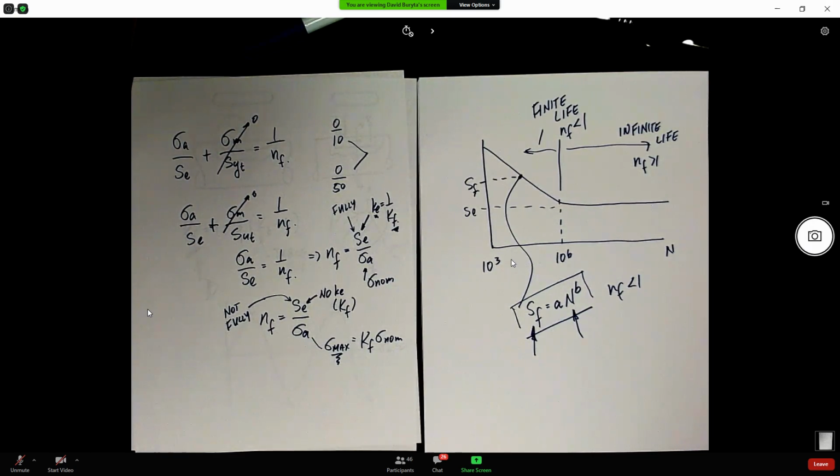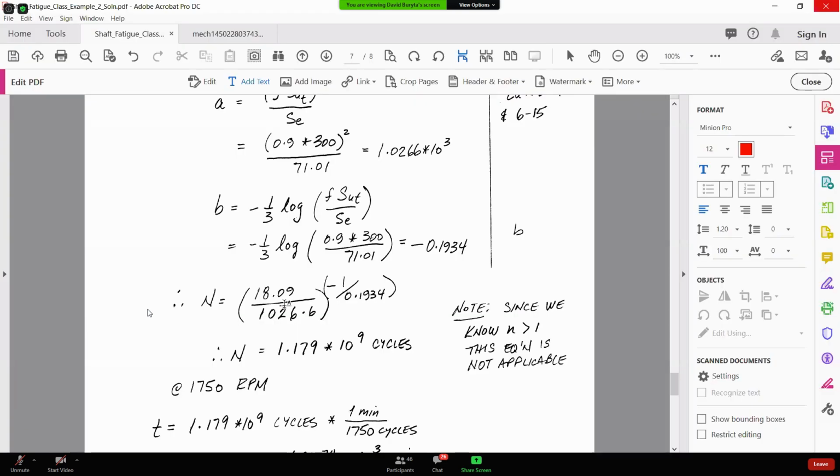So it should end up somewhere between 10 to the 3 and 10 to the 6th. So if we went back here, we know that this 18.09 is too low to cause a factor of safety less than 1.